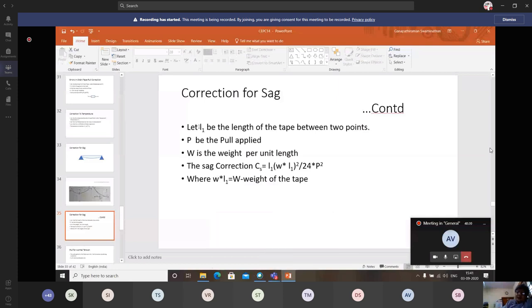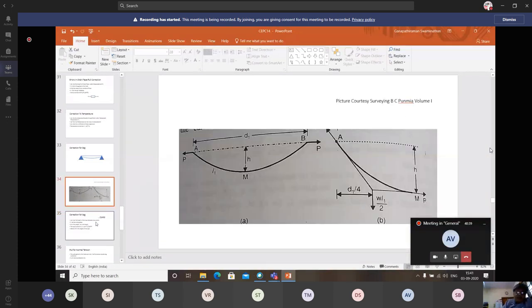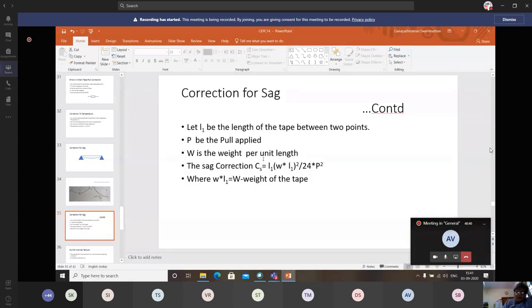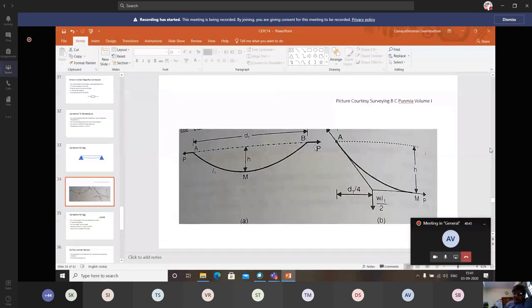Where L1 is the length of the tape between 2 points. Suppose these 2 points A and B, the tape is suspended. This is the length of the tape L1. P is the pull applied. You are pulling the tape.